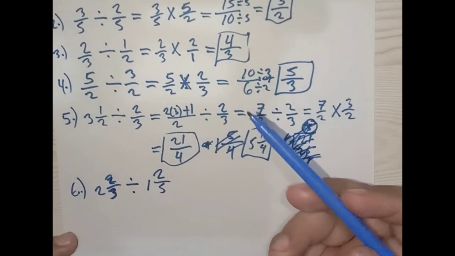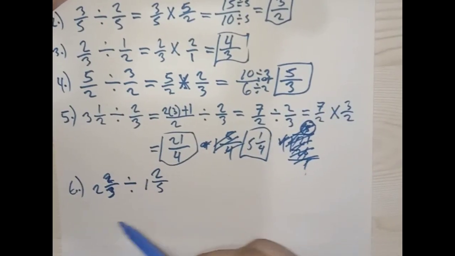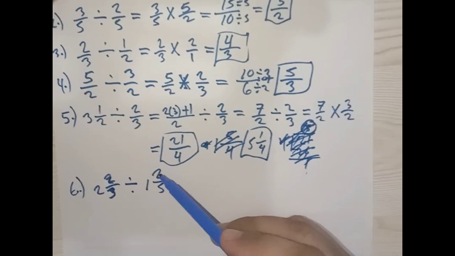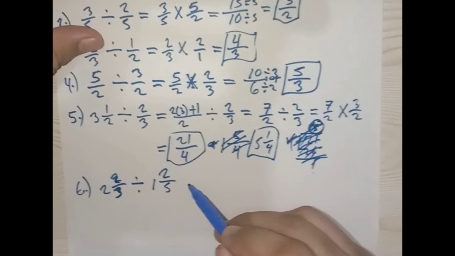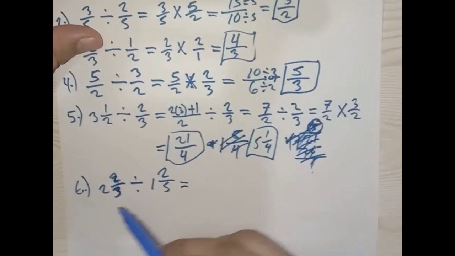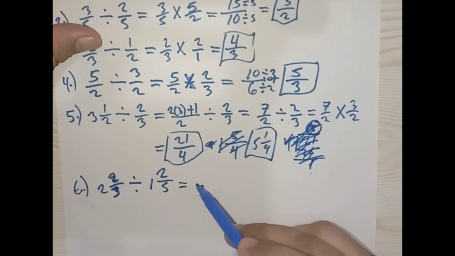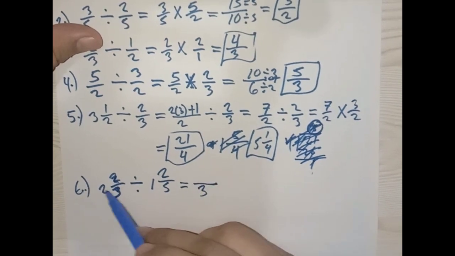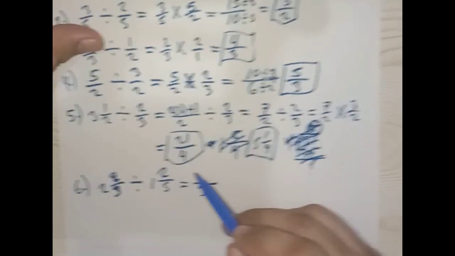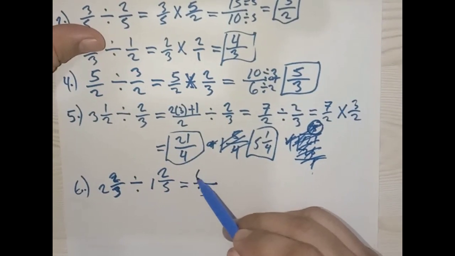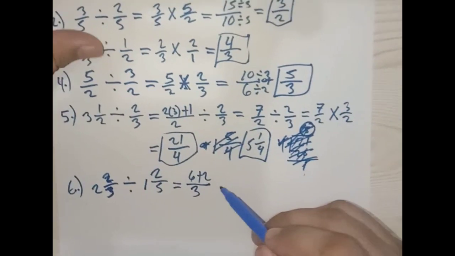So, ang first natin na gagawin is i-rewrite natin itong dalawang mixed number into improper fraction. Okay. So, copy the denominator and then multiply natin siya sa 3 times 2. 3 times 2 is 6 plus 2. Sa taas, yung numerator na i-plus natin.